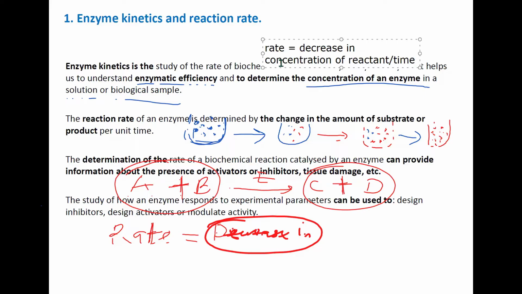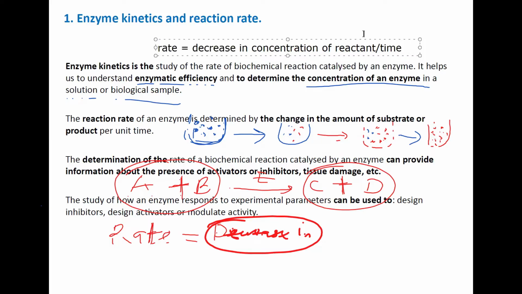So this is one way of measuring the rate of the reaction: either the decrease in concentration of the reactant per unit time, or the increase in concentration of product per unit time. So these are the two ways of measuring the rate of the reaction.